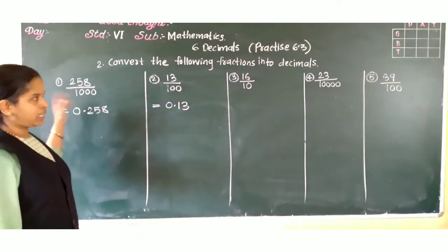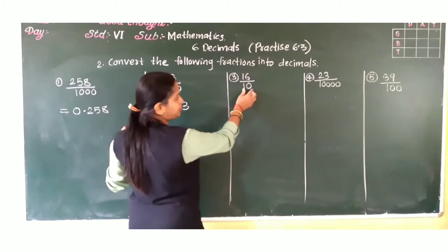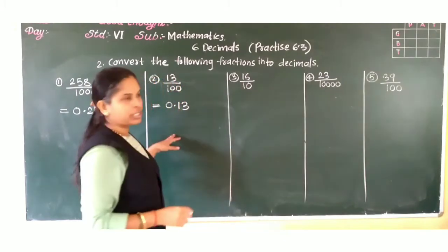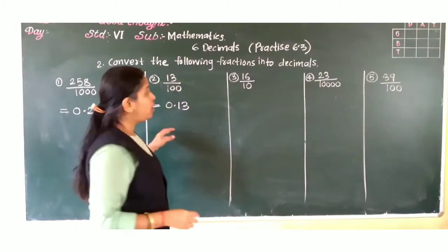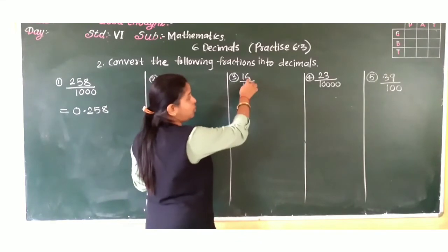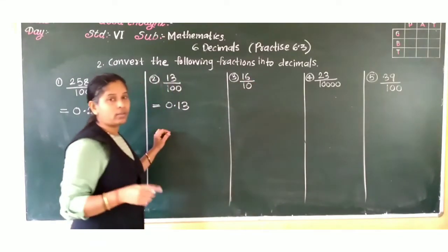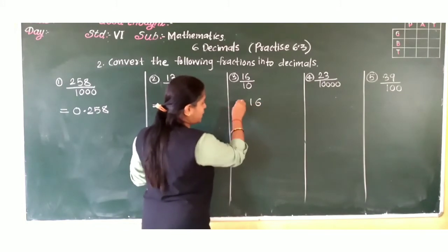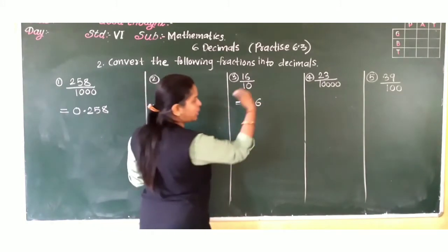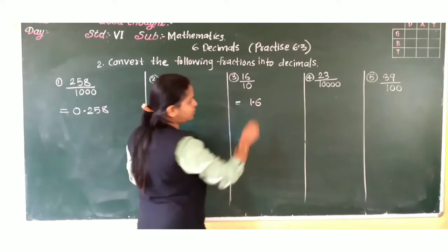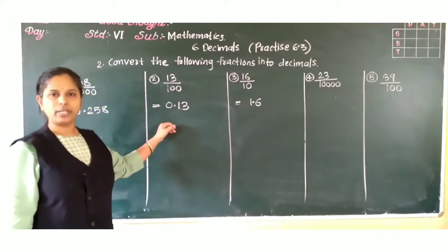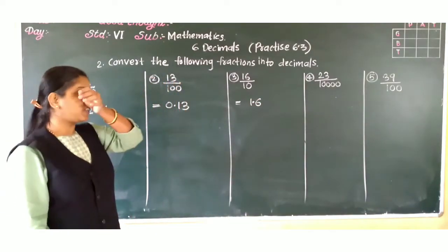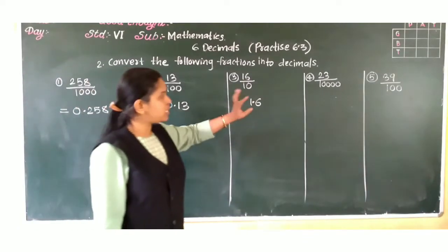Followed? Next. Here see, 1 digit only there. Sorry, 10. So the numerator also, how many do we want? Only 1. So write this as it is, and from the right side count 1 and put the decimal point. I have taught you, correct? This is 1.6.